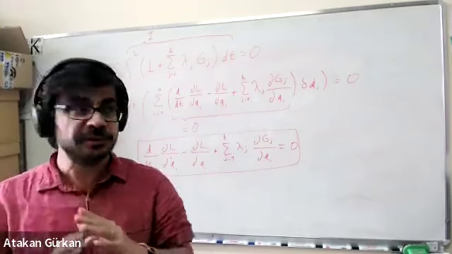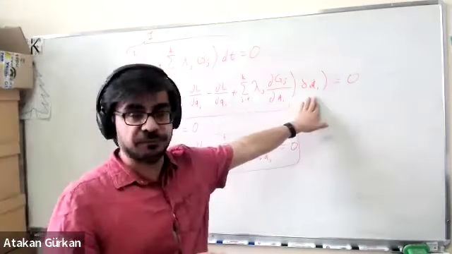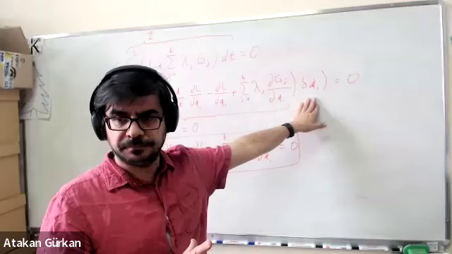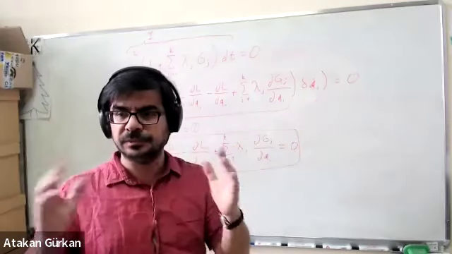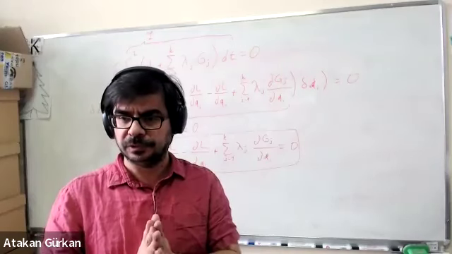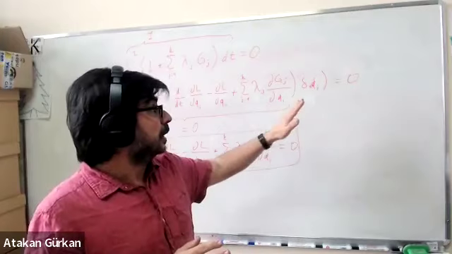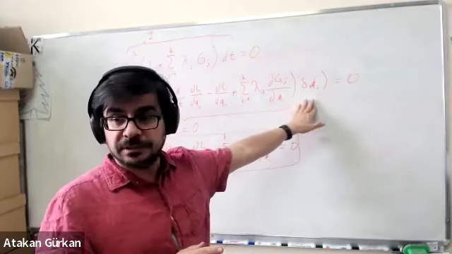The first thing you do is pick a set of q's that are independent. Let's start with the full Cartesian coordinates: 3n of them, x's, y's, and z's, and we will pick 3n minus k of them that are independent.